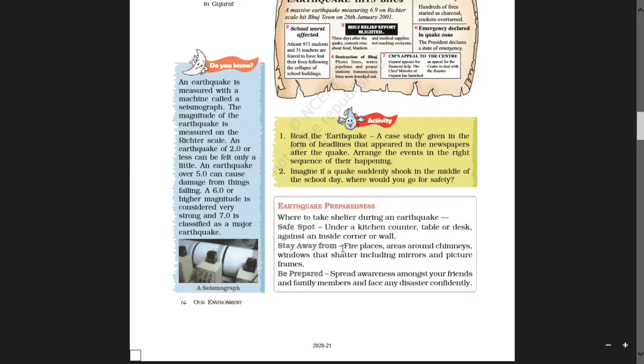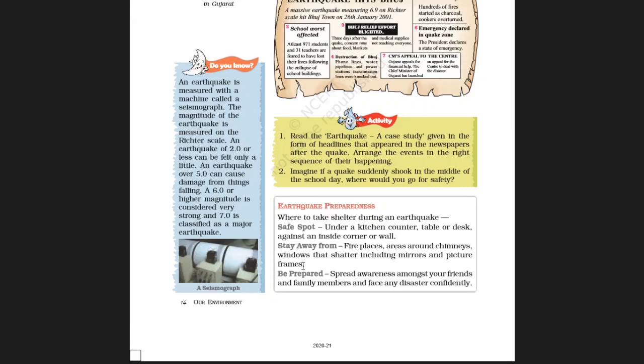At any cost, we should not stand, but see here, a safe spot is under a kitchen counter, table or desk, against an inside corner or wall. Stay away from fireplaces, areas around chimneys, windows that shatter, including mirrors and picture frames. You need to stay away from these.